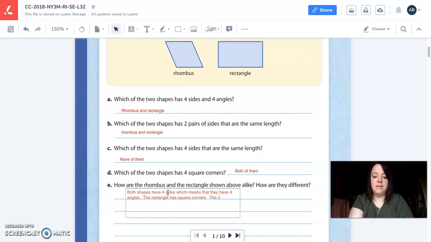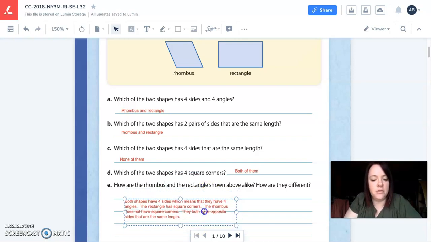The rhombus does not have square corners. Good. They both have opposite sides that are the same length. Good. I think that's pretty good for our first.